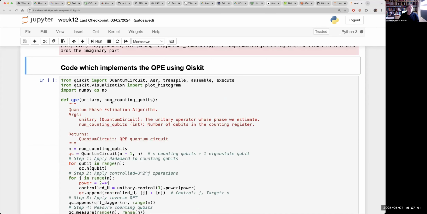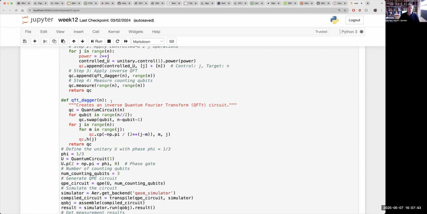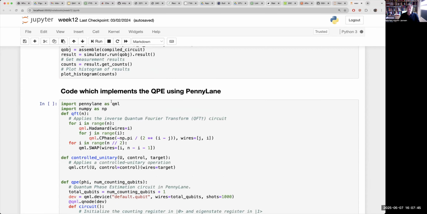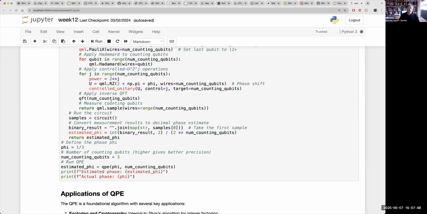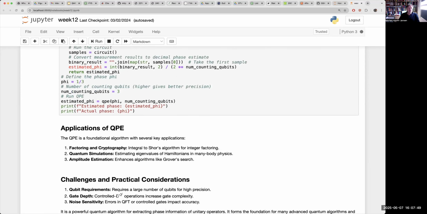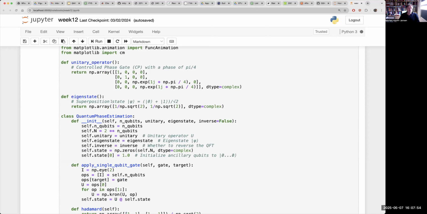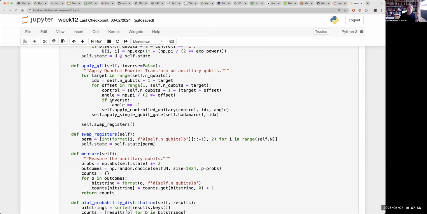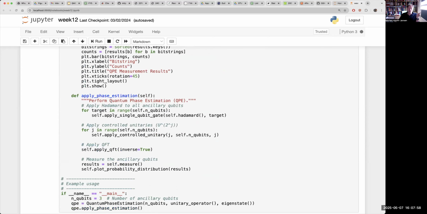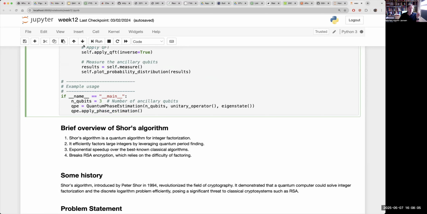The codes here contain also examples with QPE with PennyLane and Qiskit, and there are also at the end some discussions of applications. So here's a more general code, which also includes swap registers, etc. And in this specific case, it actually runs through and estimates.